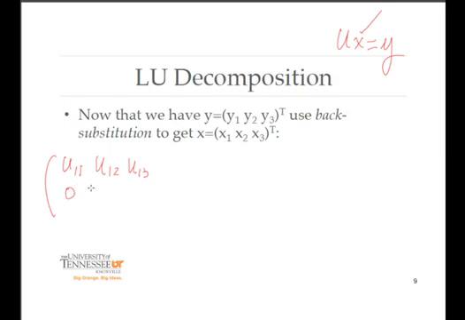So the next row we have a 0 in that position, then the diagonal element u22, u23, and the last row everything is 0 except for the diagonal element. Everything below the diagonal is assumed to be 0 for an upper triangular matrix. This is multiplied by what? Representations of the x vector, which is the solution vector we're trying to find.